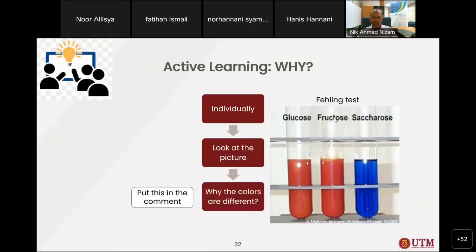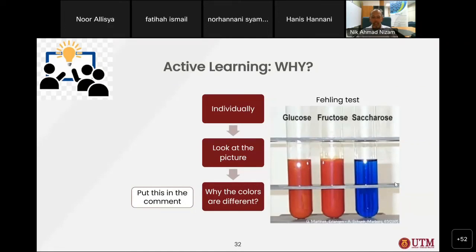So as usual, it's an active learning. You can see here a simple question. Look at this picture, and look at this picture. We have glucose, the color is red. Fructose, the color is red. Saccharose, which is one of the disaccharides.